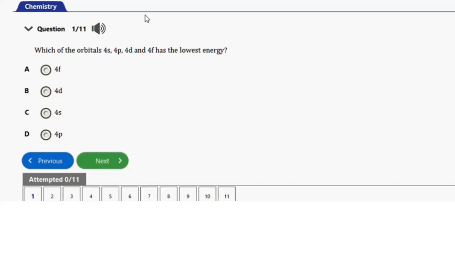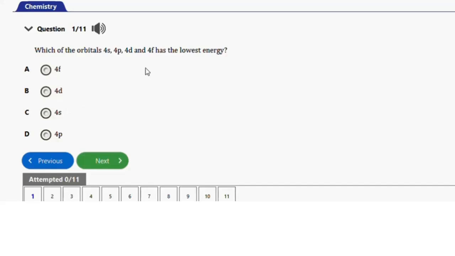Let's get started. The first question says, which of the orbitals 4s, 4p, 4d, and 4f has the lowest energy? So guys, the right option to this question will be option C, 4s. When you are arranging orbitals, you're going to see 4s before you see 4p, 4d, and 4f.